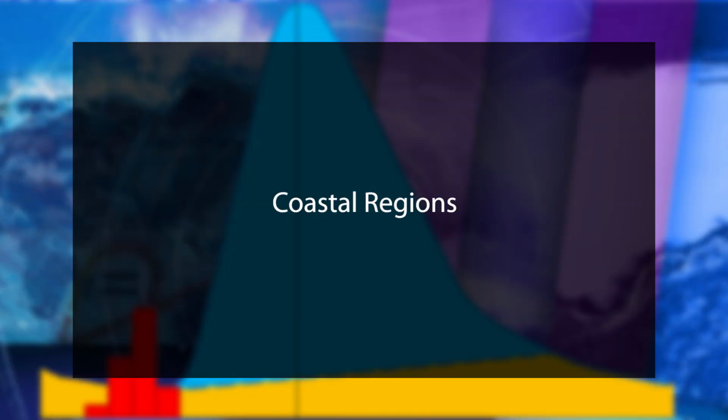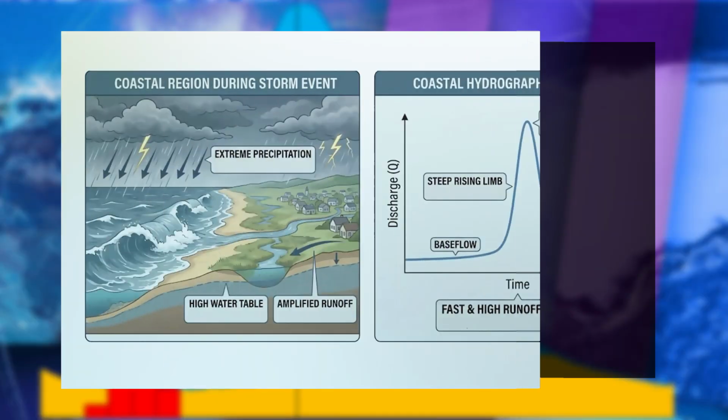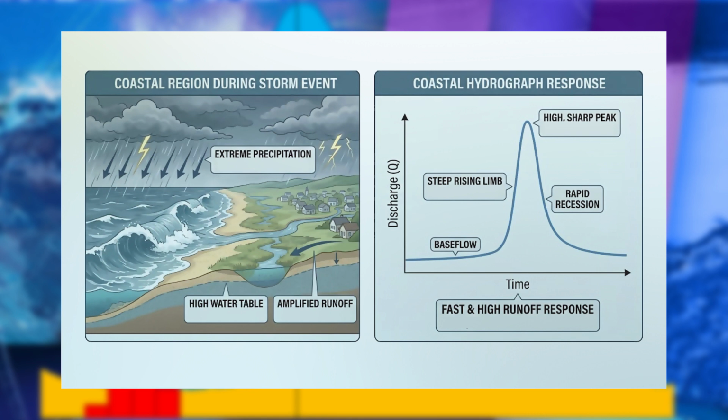So far as the coastal regions are concerned, these regions are characterized by extreme precipitation during cyclones, hurricanes or monsoons, and high water tables and limited infiltration capacity, which can amplify runoff. Hydrograph shape shows a fast and high runoff response to tropical storms or tidal influences, with short-lived peaks and rapid recession due to shallow soil layers and saturated conditions.